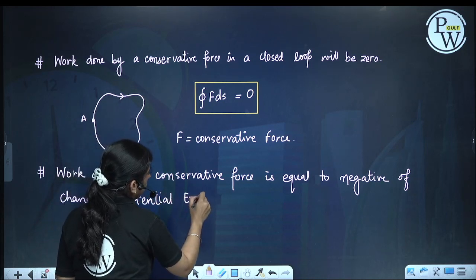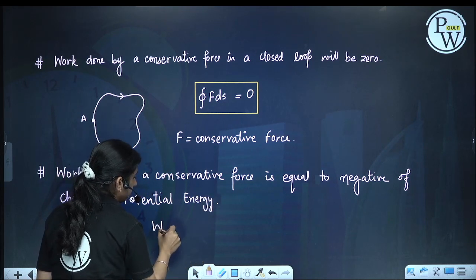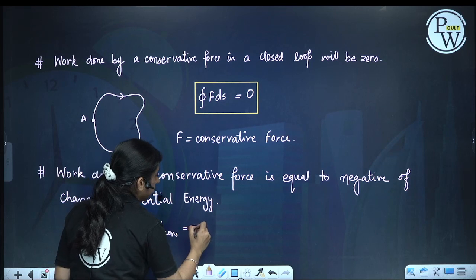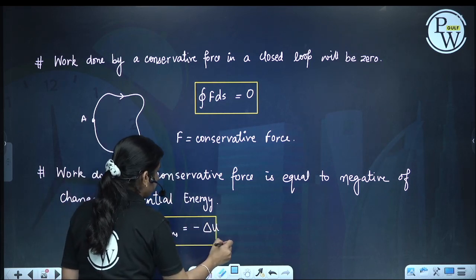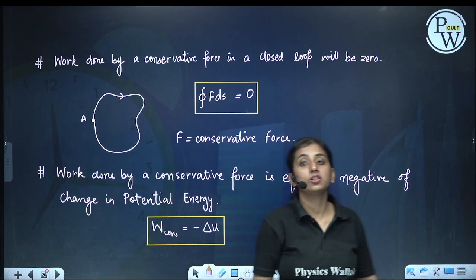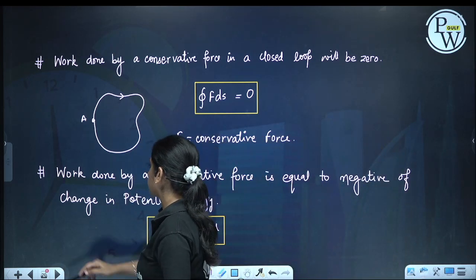Work done by a conservative force is equal to minus delta U, the negative of the change in the potential energy. So these are properties of a conservative force.